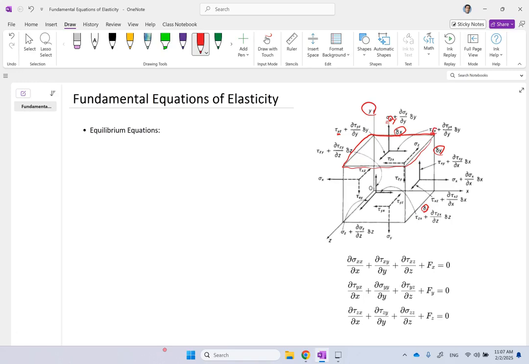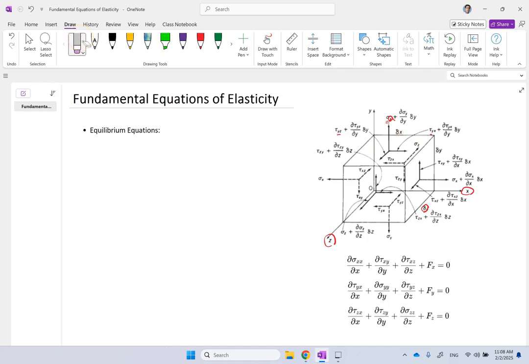So you see, this is tau yx, meaning normal to the y in the x-axis direction. And if you look at this axis, that is the same as the x-axis. And this one here is in the z-axis, so it is tau yz. Okay, so clearly you see how to read these stress components.